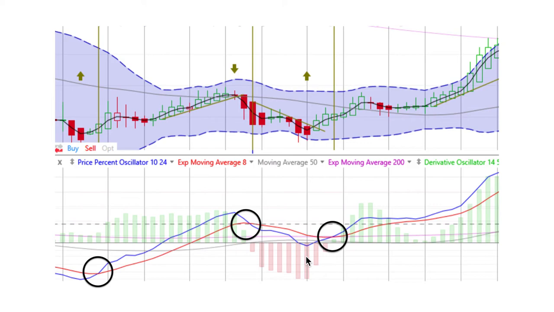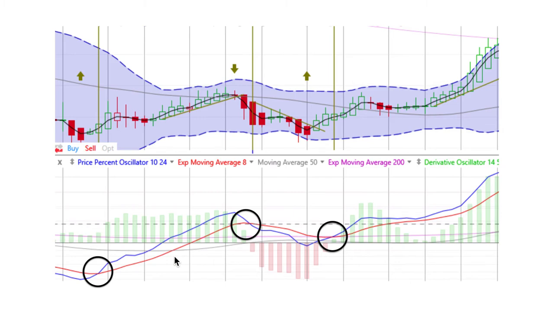Now, when a trend line is violated and the indicators are rolling over, we should consider getting out of a trade, particularly if the price percent oscillator, that is our main indicator that we pay the most attention to, the blue and the red lines, is rotating over.